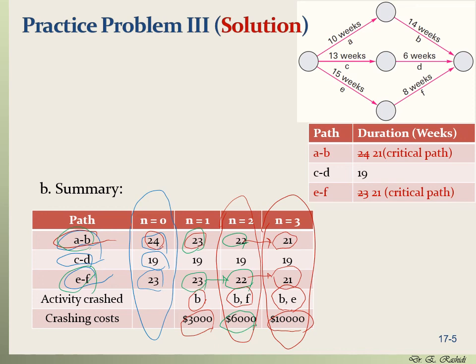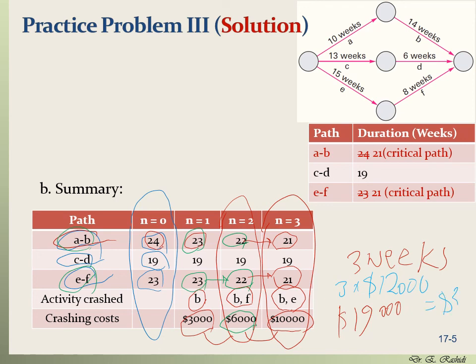So we crashed the length of the project by 3 weeks, and it cost us $10,000 plus $6,000 plus $3,000, so that's a total of $19,000. But it also saved us 3 multiplied by $12,000, which is $36,000. So we saved about $17,000 by crashing the project by 3 weeks.